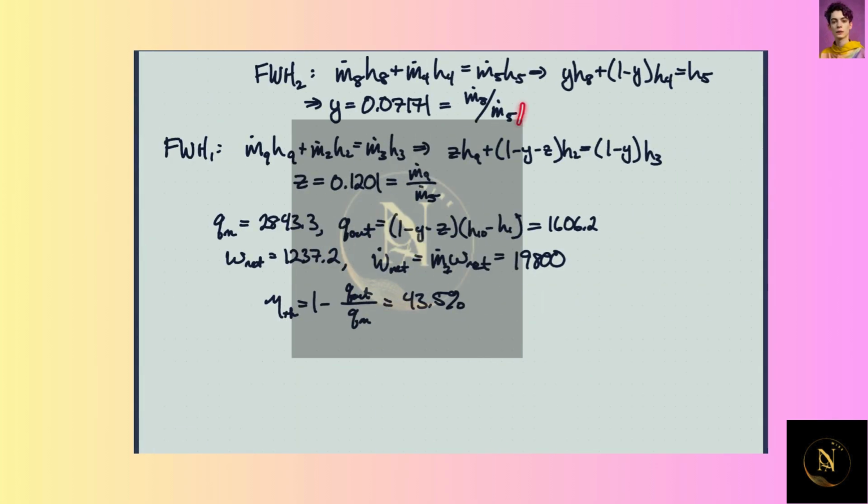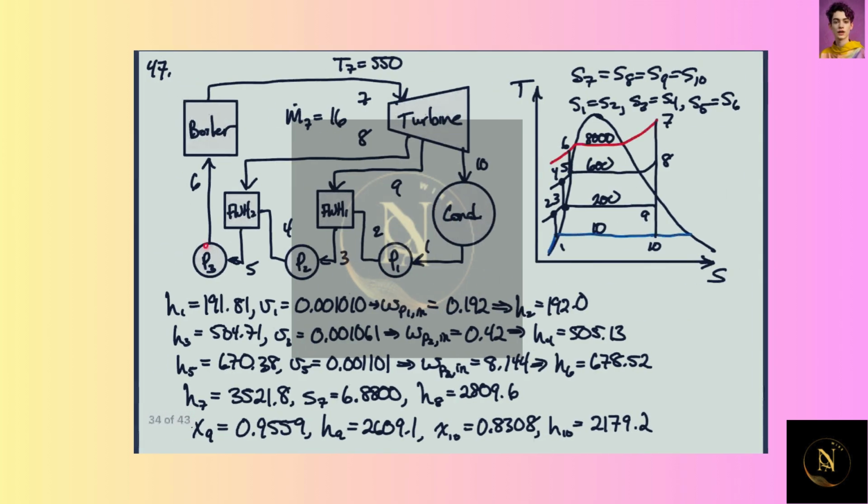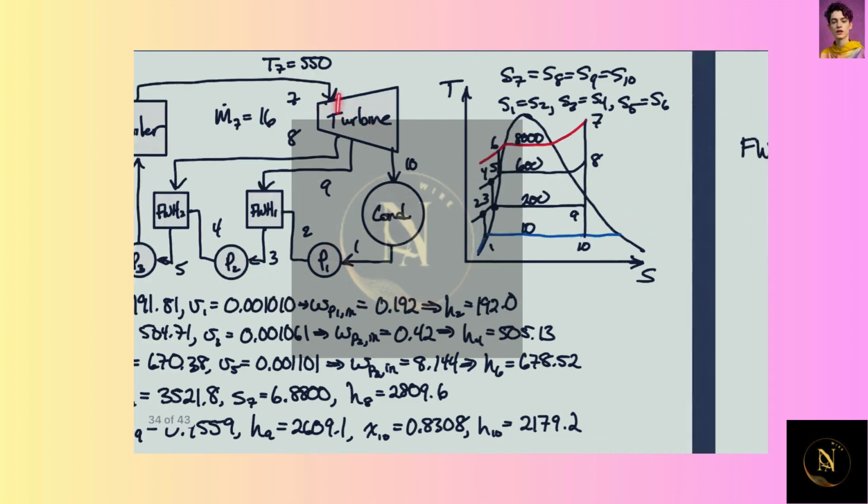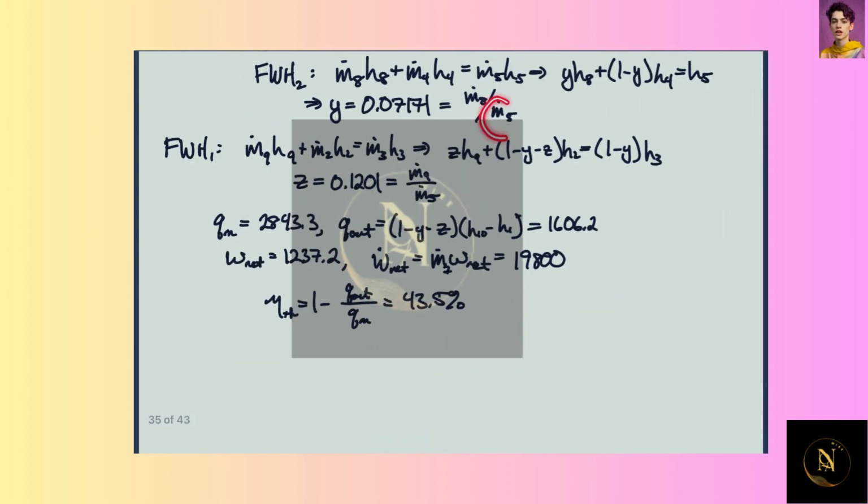And so we know ṁ5 is the same as ṁ7. So again, ṁ5 we can think of as the flow rate to the boiler, and then into the turbine. So taking that as our basis, we divide through and then define y as ṁ8 over ṁ5.